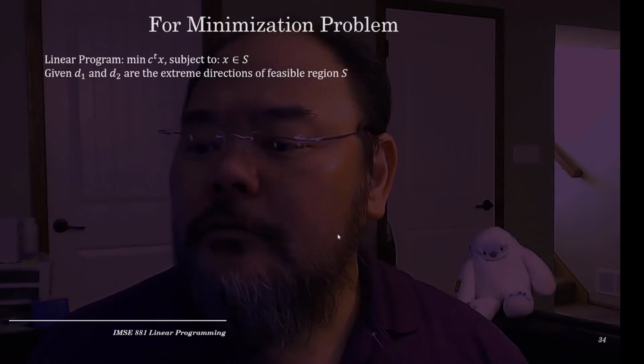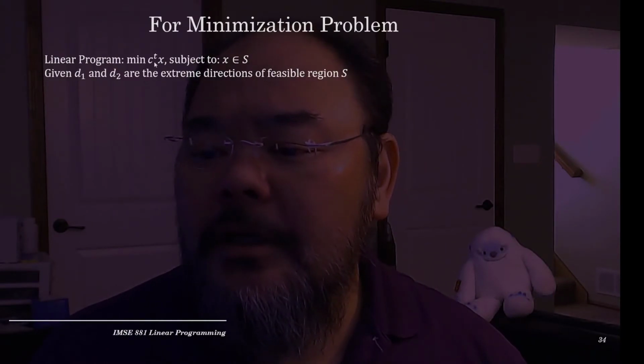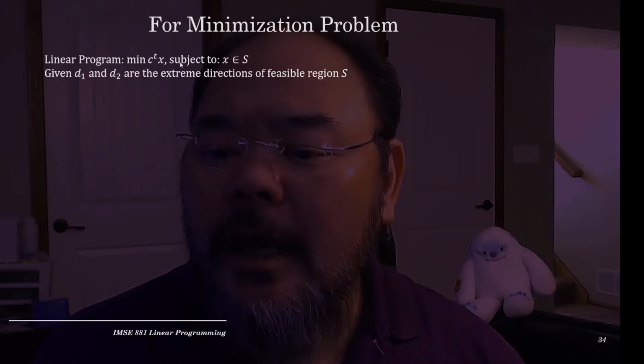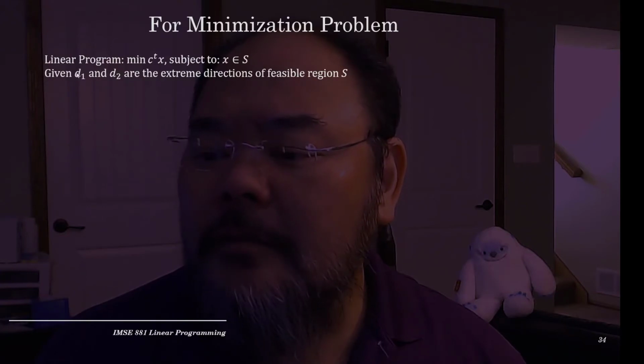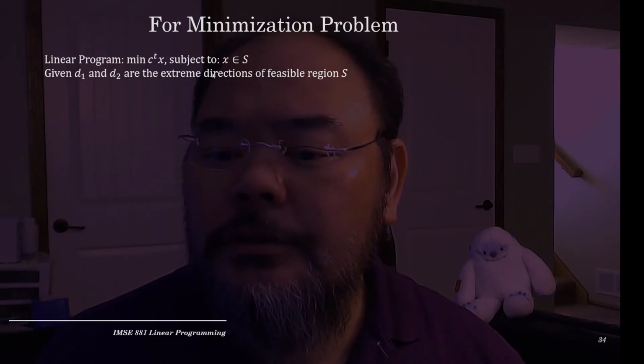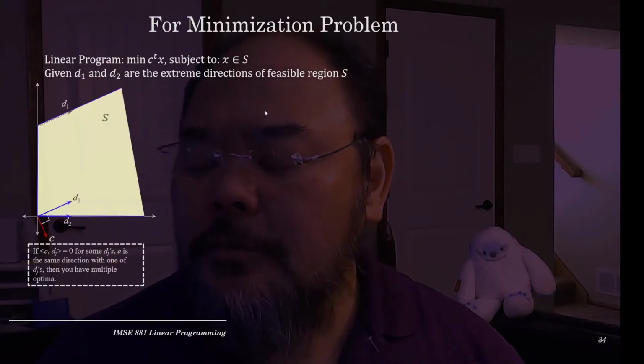So here for the minimization problem, minimize c transpose times x, subject to x belonging to the set S, which is a polyhedral set, given d1 and d2 are the two extreme directions of the feasible region.